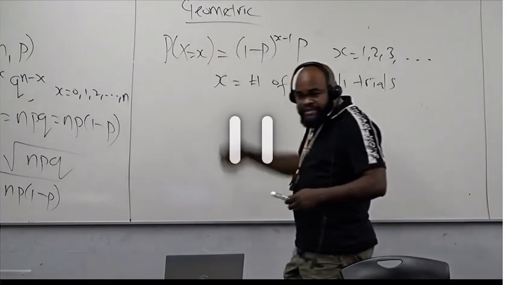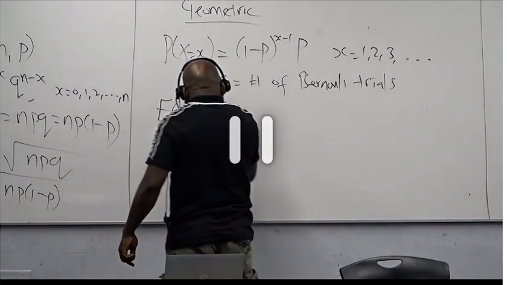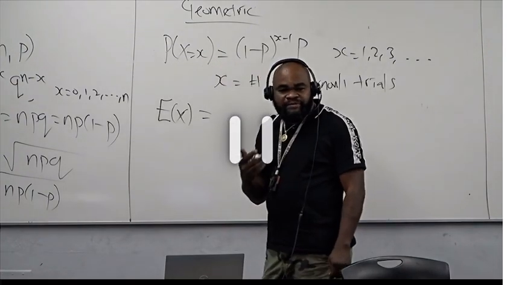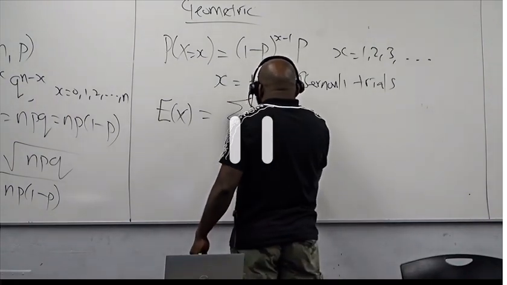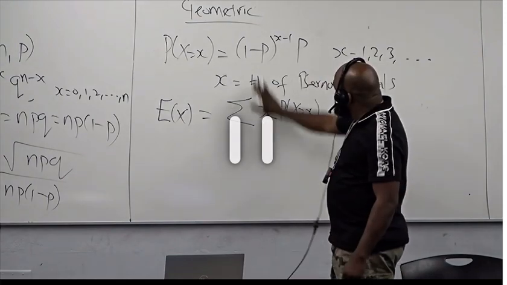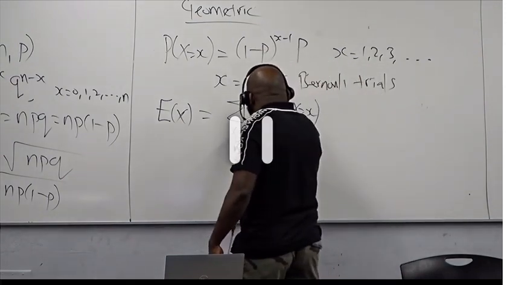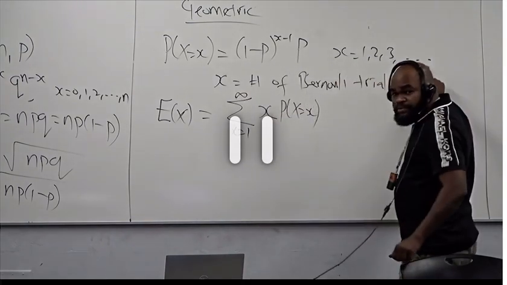If I want to derive this, I have to know that the expected value of x for any discrete random variable is the summation of x times the probability that X equals x. Now, for geometric, x starts from 1 to infinity. That is the support.